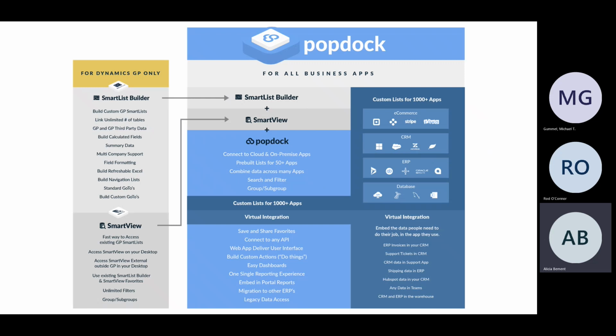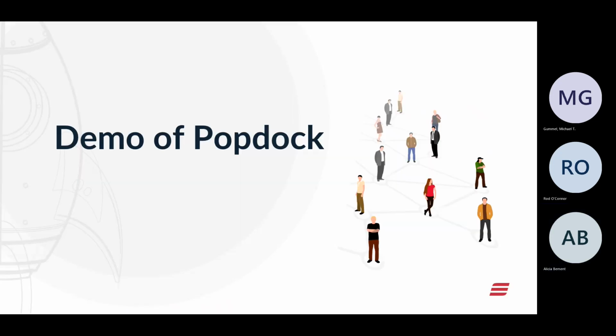Right now we have over 50 applications that are pre-built, but we also have a generic REST connection that allows you to connect to many different systems outside of GP. Rod will touch on a little bit more of that in just a bit. So right now I'm going to turn it over to Rod, and then I'll come back and we can discuss more about the Popdock offer itself. So Rod, if you want to take over, you can.